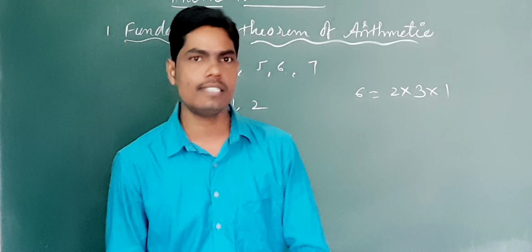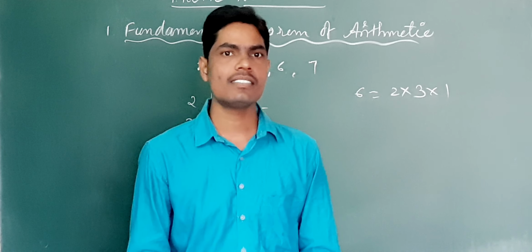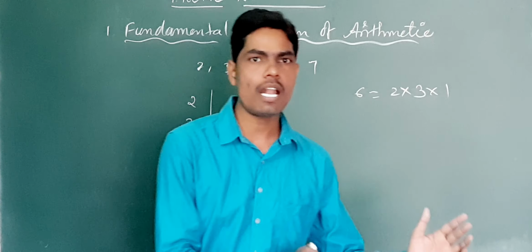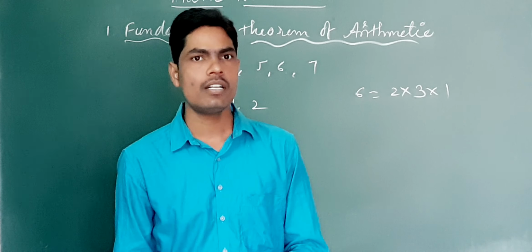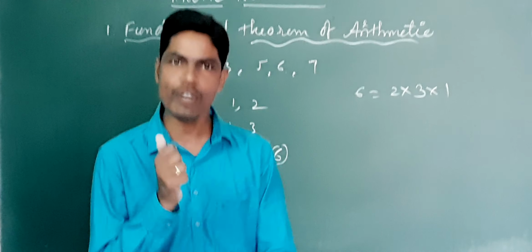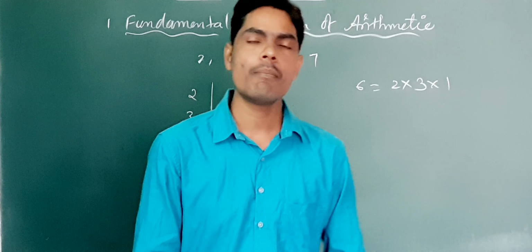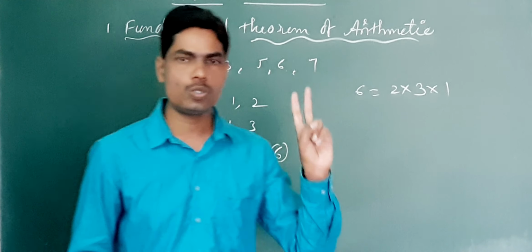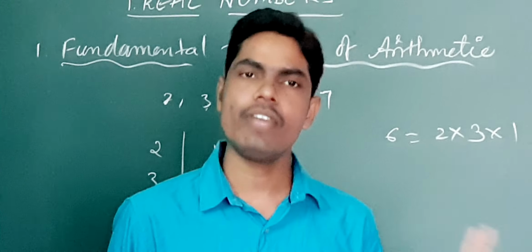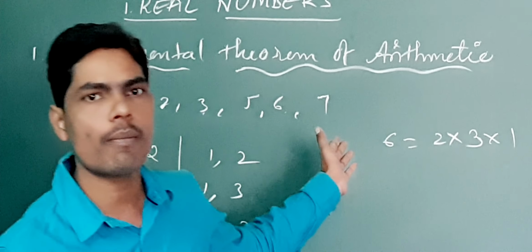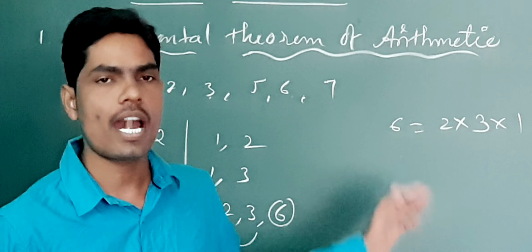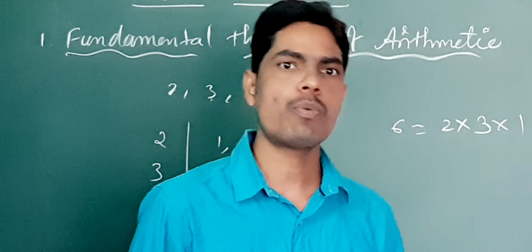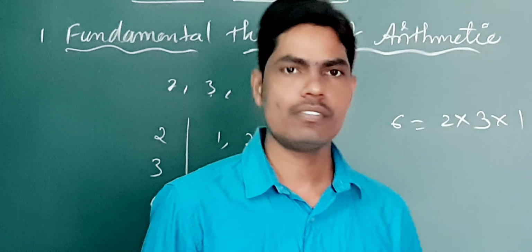And second is irrationality: whether the given number is rational or irrational. If it is irrational, how is it irrational? We can get that by a proof. And these 2 main theorems we can prove by using this fundamental theorem of arithmetic. In the next class, we'll continue with how the proofs are calculated.